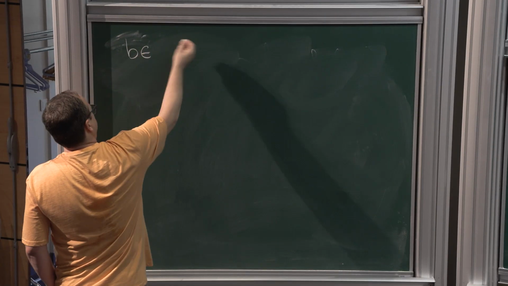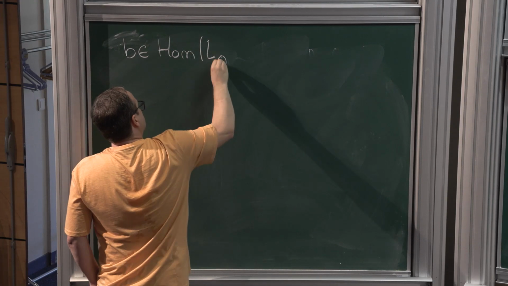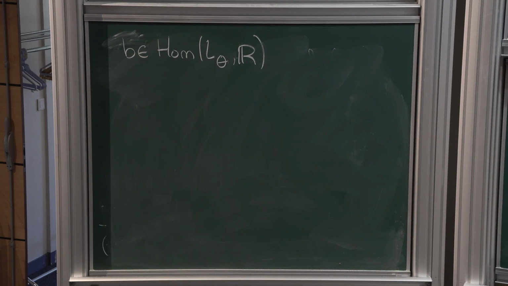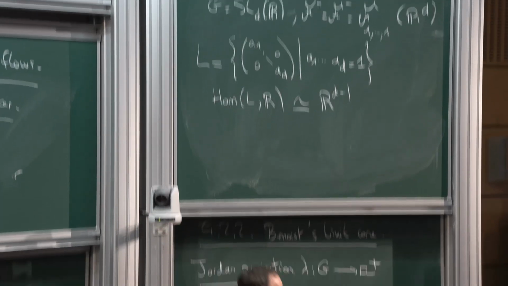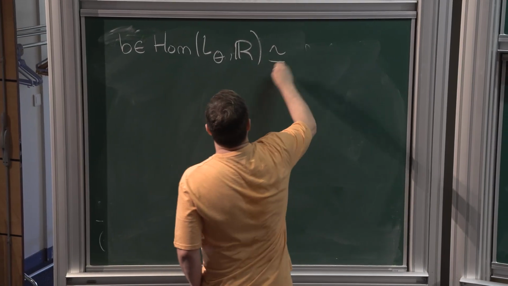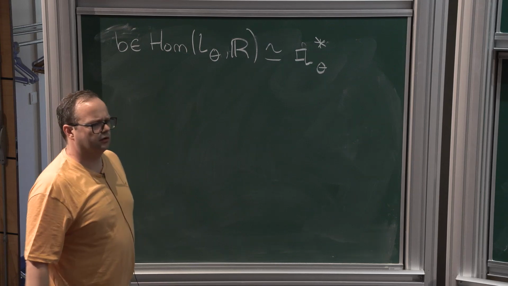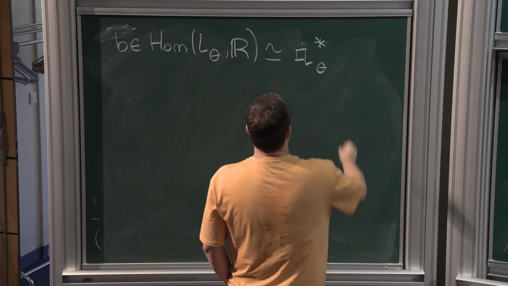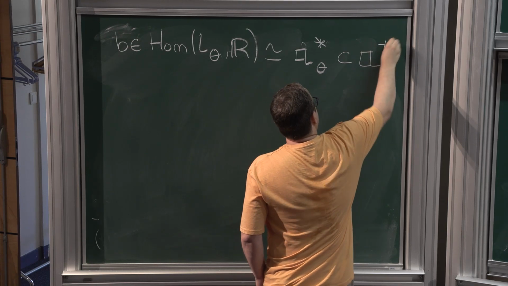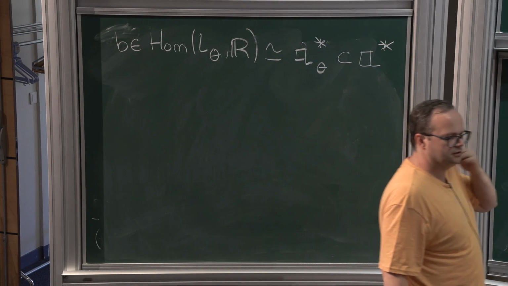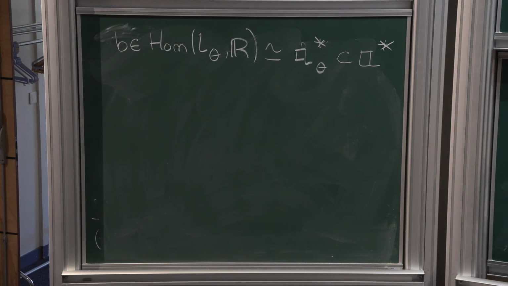If you have B, a homomorphism from L_theta to R. What we saw with the full flag manifold case in SL_d is that a homomorphism from L to R is the same as, can be seen as, linear forms on A. So you can identify this with essentially a dual, as now it will not just be the dual of the whole A, but just the dual of some part of A. But there's a natural way of making it sit inside of A star, so that the image of this A theta star in A star will be the subspace of A star spanned by the fundamental weights associated to the roots in theta.